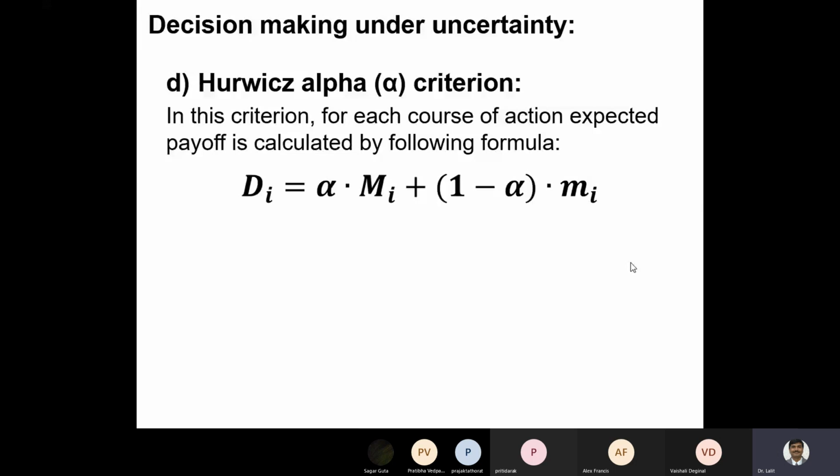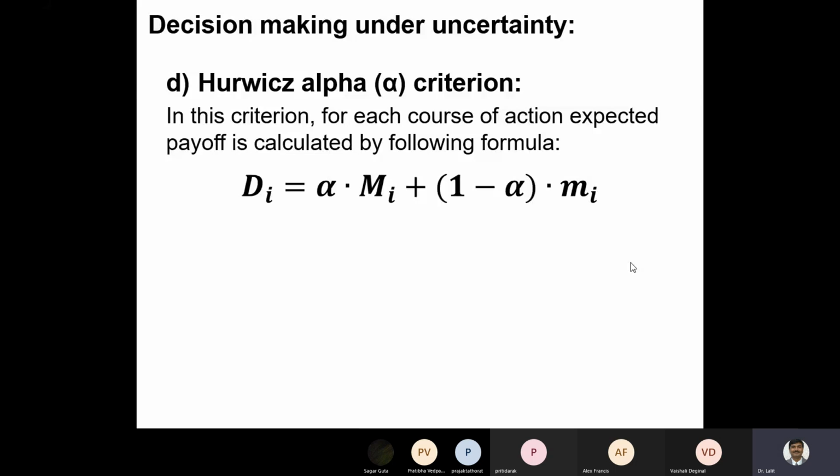So if the degree of optimism is more, it means that the decision maker is more aggressive. So the decision maker's aggression is directly proportional to the degree of optimism. If he is 100% optimistic, obviously he will choose the best possible action.